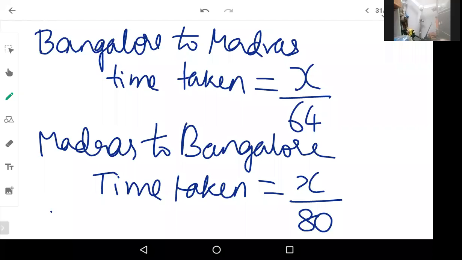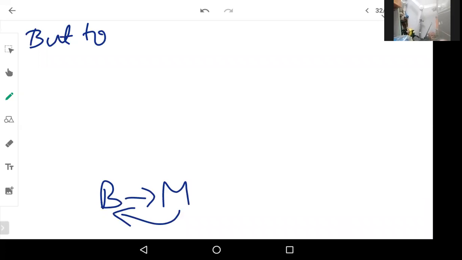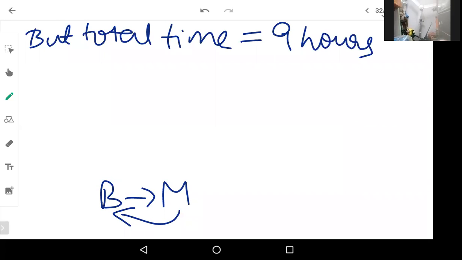One more piece of information they have given us is the total time of going from Bangalore to Madras and coming back to Bangalore. So what is the total time taken? Total time is equal to 9 hours. Now we can derive an equation out of it.